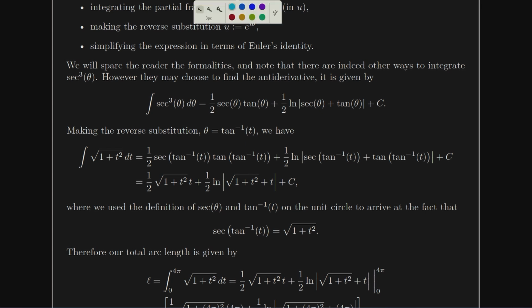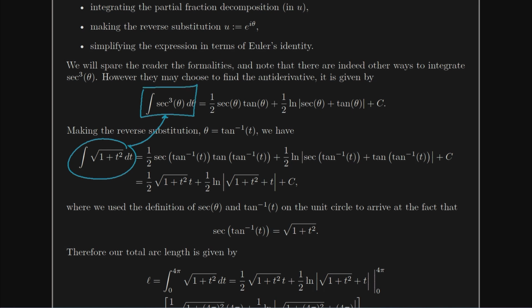So now that we know it, let's recall this was our original integral, except we sent it into this integral using trig sub. And then we went through that process, even though I didn't make it clear, to find the antiderivative of that integral, and then we're going to make the reverse substitution from trig sub, which was that theta was the inverse of tangent in the variable t. So that theta, that theta, that theta, and that theta, I'm plugging in inverse tangent of t.